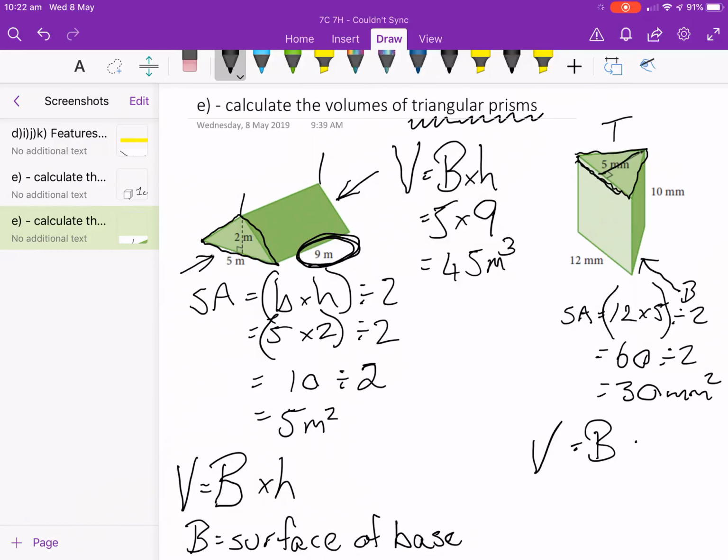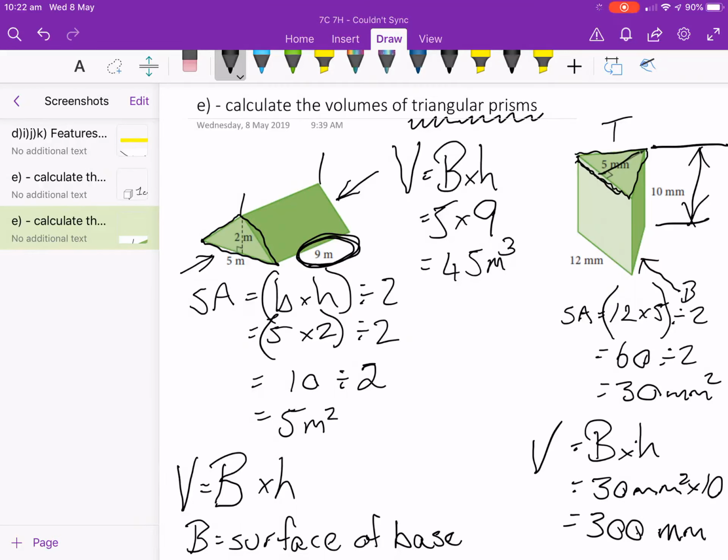Volume is base times height. The base is 30 millimeters squared times the height of this triangular prism, from there to there, which is 10 millimeters. So times 10. So our total volume is going to be 300 millimeters cubed. Okay, we're going to practice a few of those.